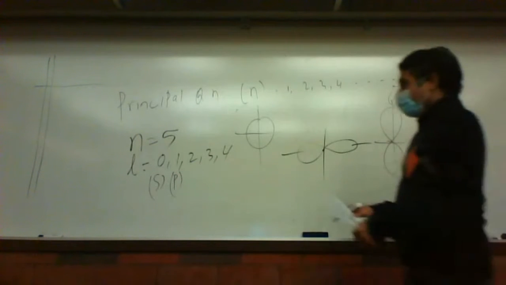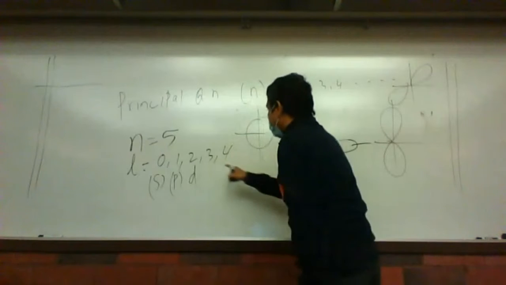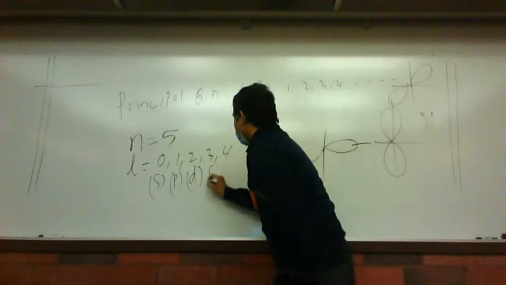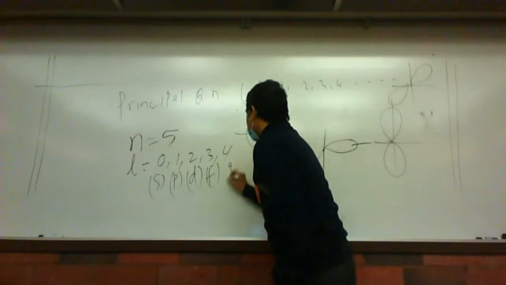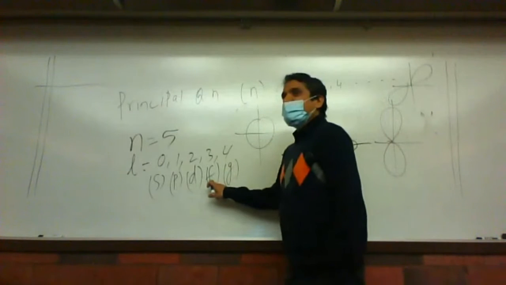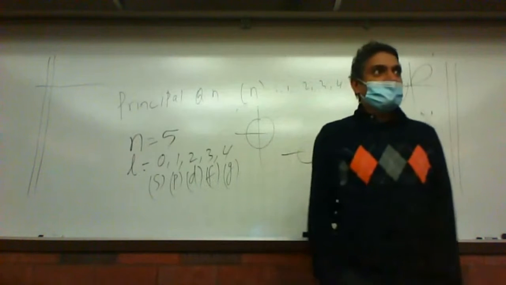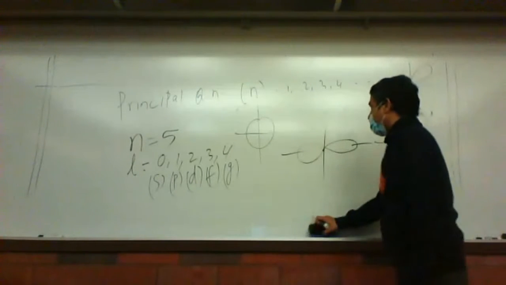If you have a 2 here, we give it the name d. For 3, we give the name f. For 4, we give the name g. I don't know how the g orbital looks. The f orbital also looks very complicated. We can go up to d. d is like a double dumbbell.